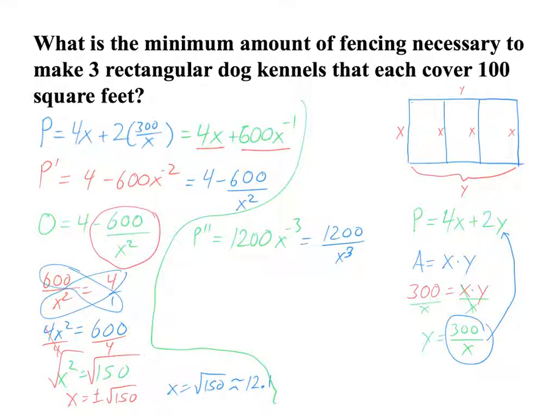Now, could you easily plug in this number and just see if it's positive or negative? Yeah. So I'm going to write function notation, just to help myself see it. And I get 1200 over the square root of 150 cubed.